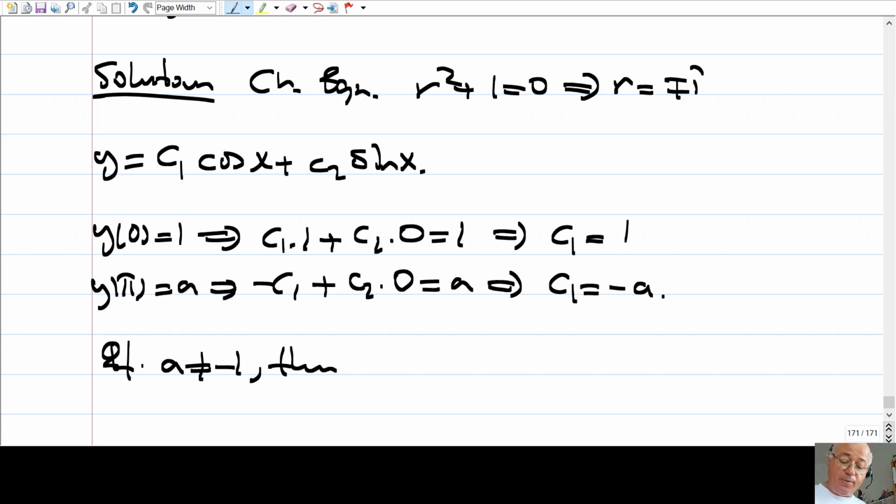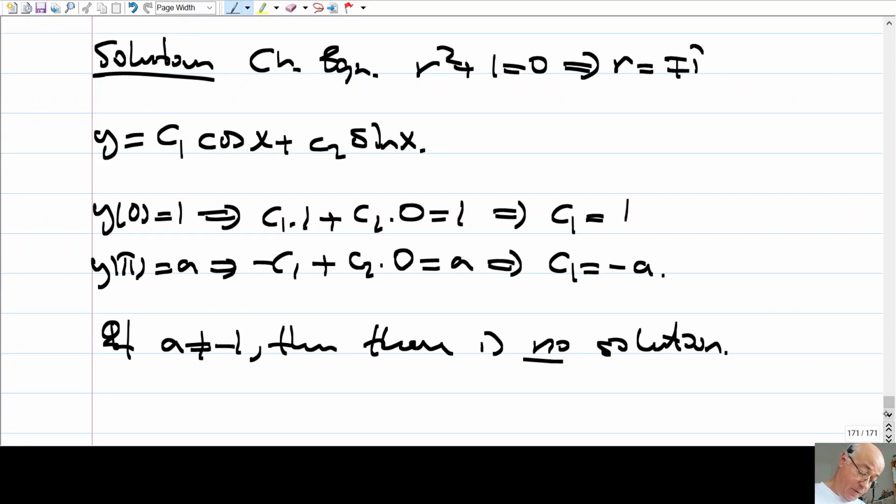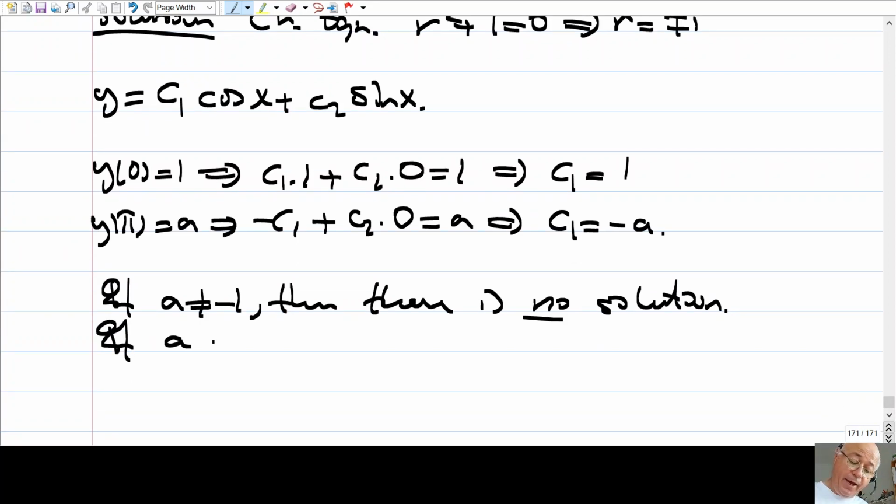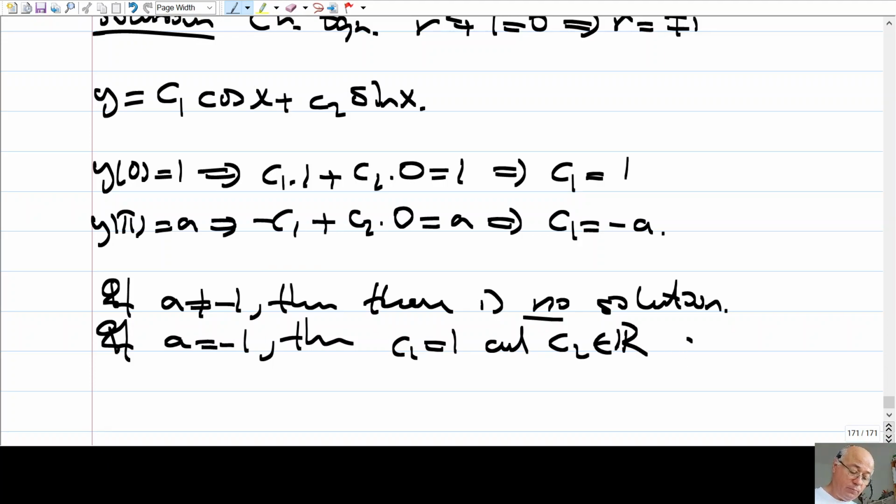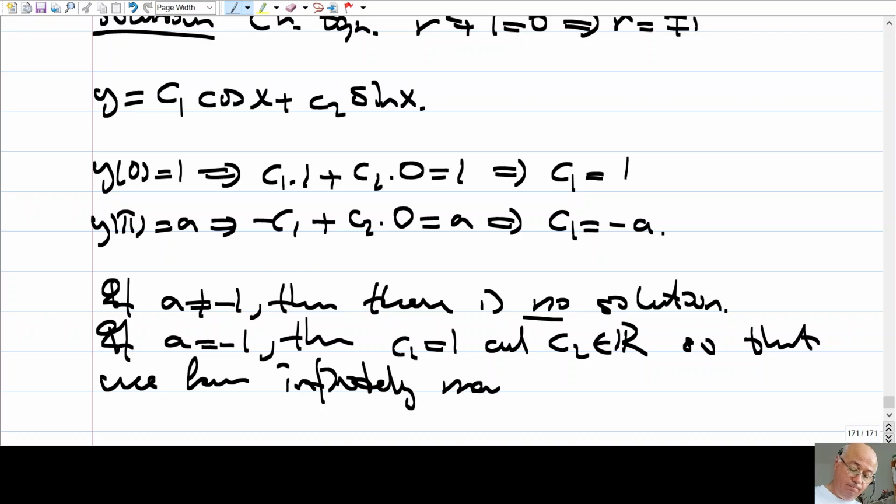So in this case, there is no solution. And if a equals minus 1, then c1 is 1 and c2 is arbitrary, so that we have infinitely many solutions. y equals, c1 is just 1, so it is okay.